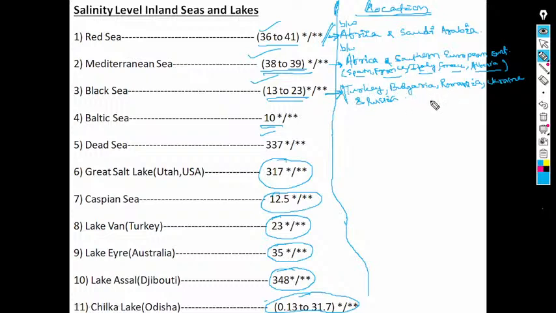These are the major countries. And another I have left, that is Georgia.